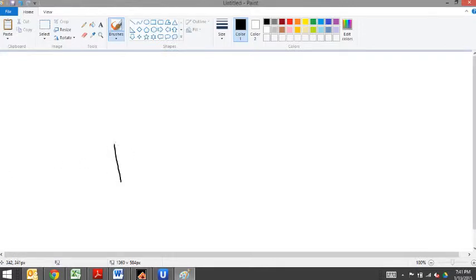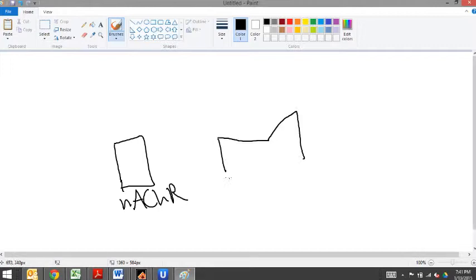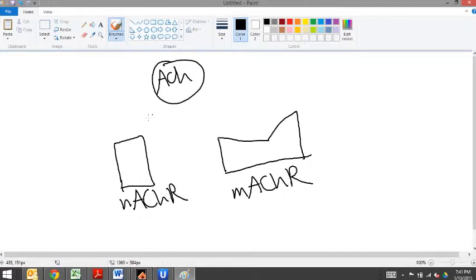So, if you had your ion channel, your nicotinic acetylcholine receptor, and you had your muscarinic acetylcholine receptor, remember that each of these can bind acetylcholine. So that can bind to the nicotinic receptor, or it can bind to the muscarinic receptor.